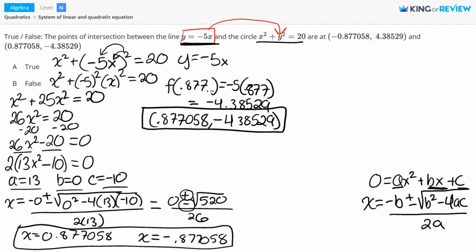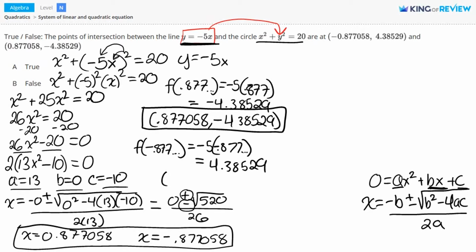Now let's solve for the second point of intersection. We do this by plugging in our second x value, negative 0.877, and the number goes on, y equals negative 5 times negative 0.877, and this equals 4.38529.